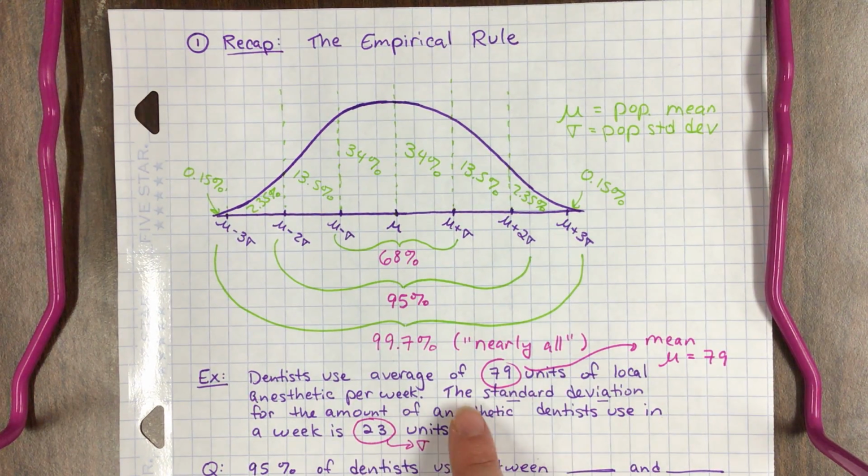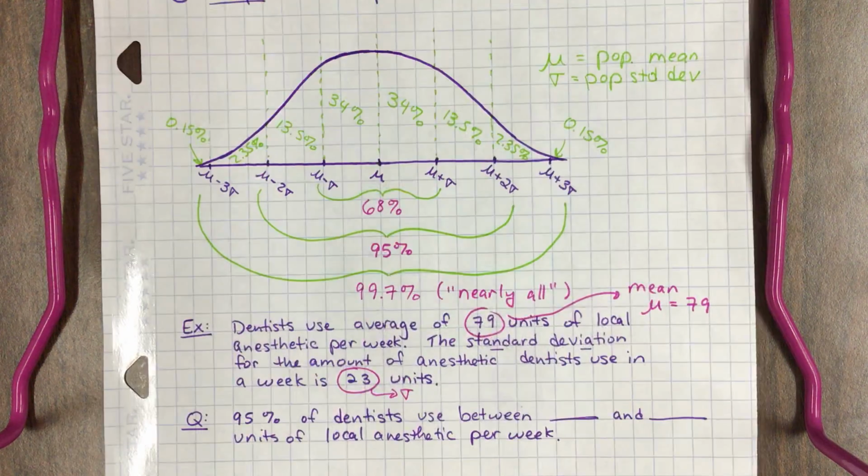The empirical rule says, now that I know a mean and a standard deviation, I can make some estimates about what percentage of dentists I think are going to fall within a certain range. So, for example, let's say I wanted to give a range of values where I could say about 95% of dentists use between this many and this many units of local anesthetic per week.